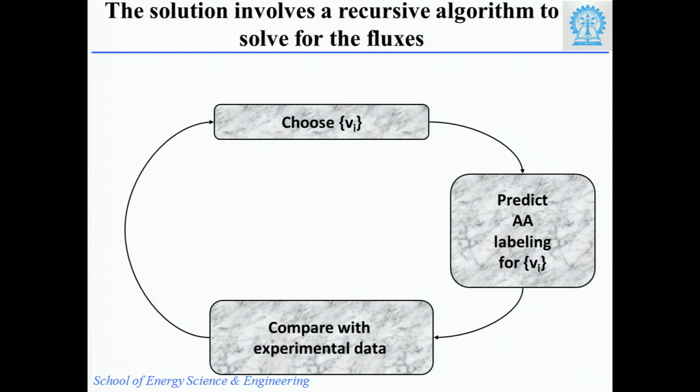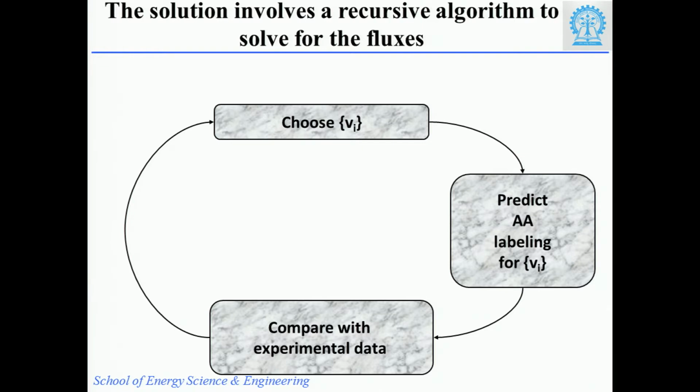You calculated the MDV for acetyl coenzyme A, and in a similar way you can calculate the MDV, or the amino acid labeling, for each and every amino acid, for a given flux distribution. In the next step, you compare with the experimental data. What is your experimental data here? That is what you are getting from GC-MS: amino acid labeling. And that you compare.